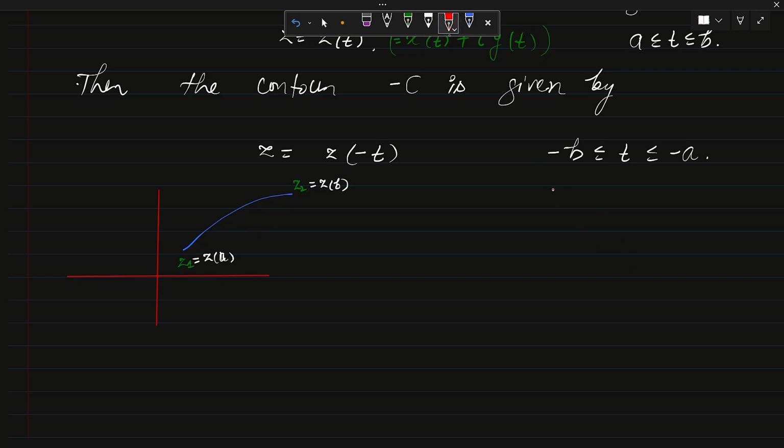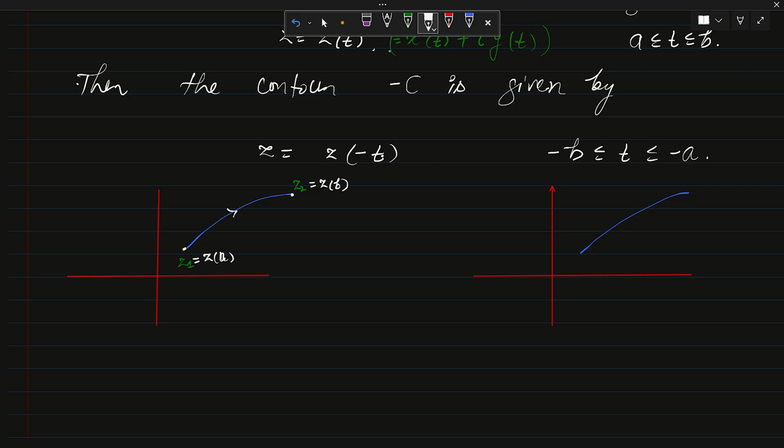Now let me write what is the negation of this curve C. Again, the same curve, the representation will be the same. But since in the previous one we were starting from the Z1 point to the Z2 point, now that minus C represents the curve which is coming from Z2.